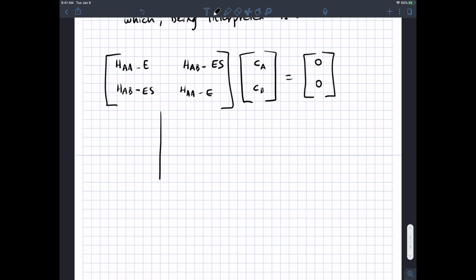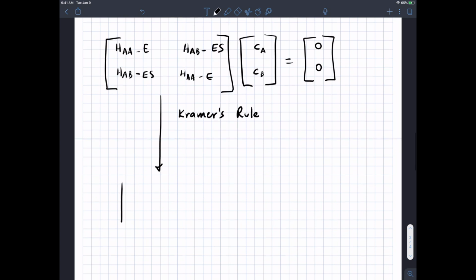And there's a rule from matrix math called Cramer's rule, which I don't really remember what it is, but as applied to this situation, it basically says the only way that this situation has unique non-zero solutions is if the determinant of that matrix is equal to 0.